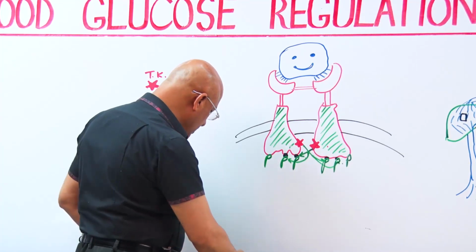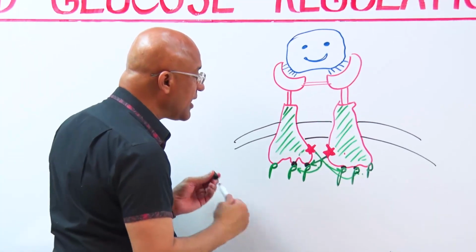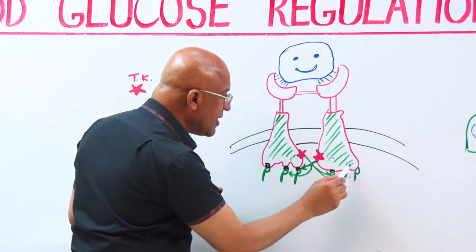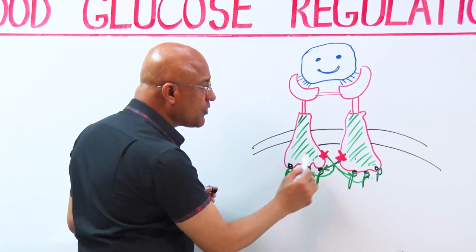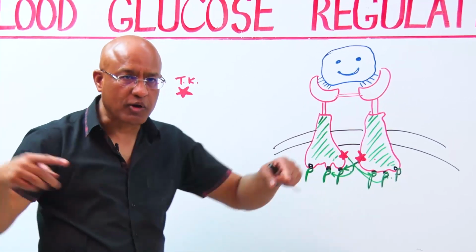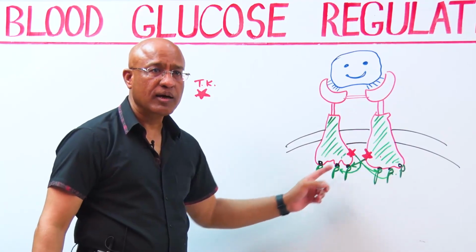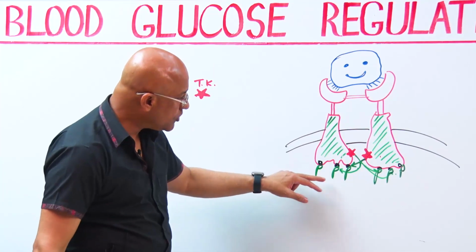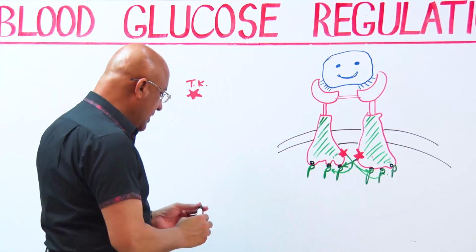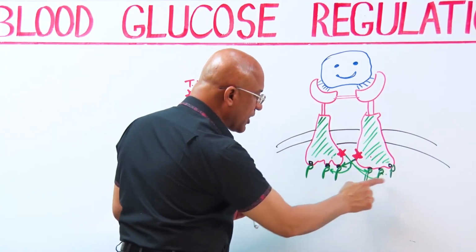So the beta units' intracellular components are themselves phosphorylated, and because they are cross phosphorylating, this is cross phosphorylation, so we call it heterophosphorylation.